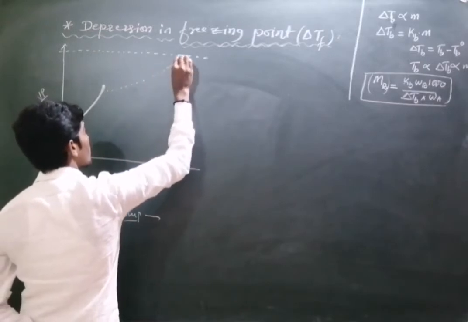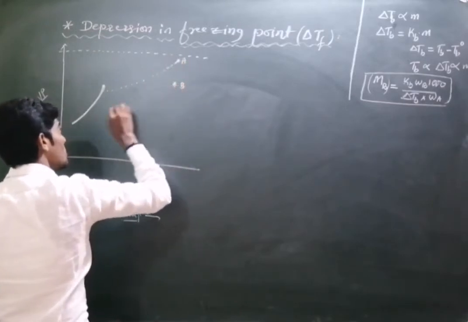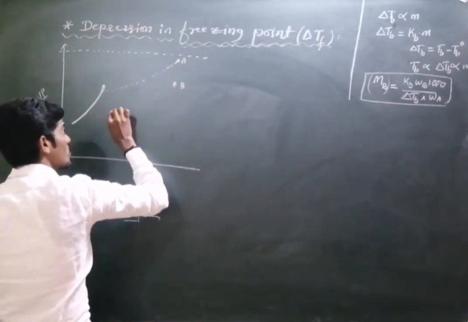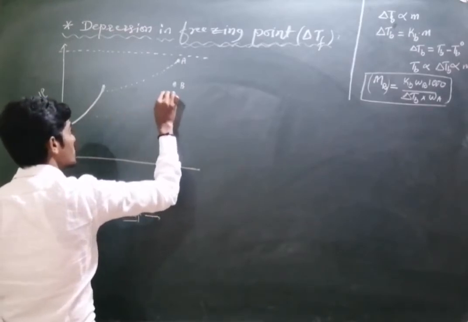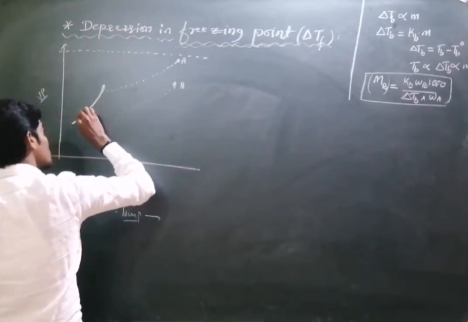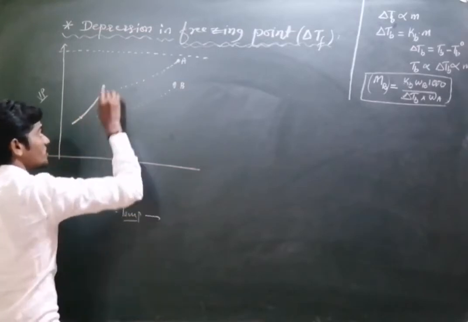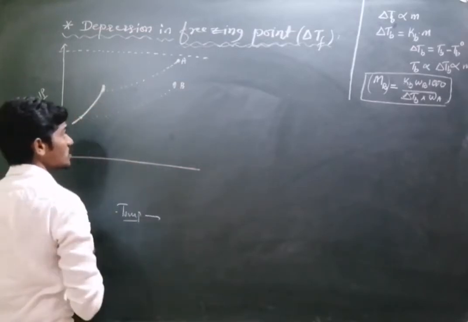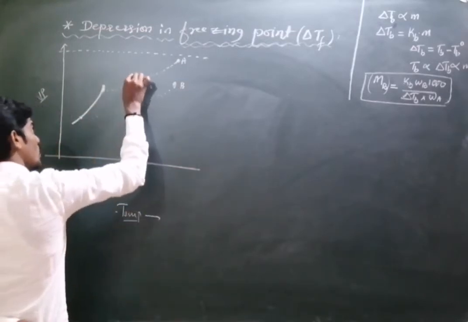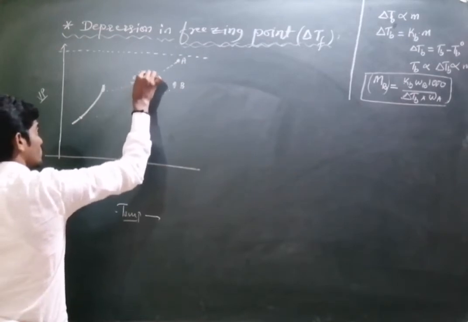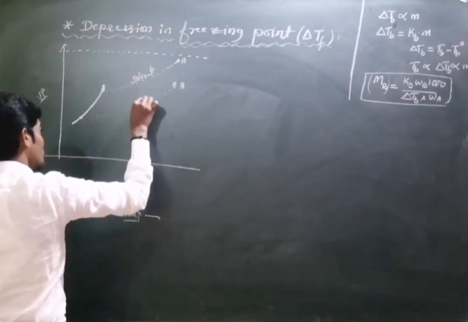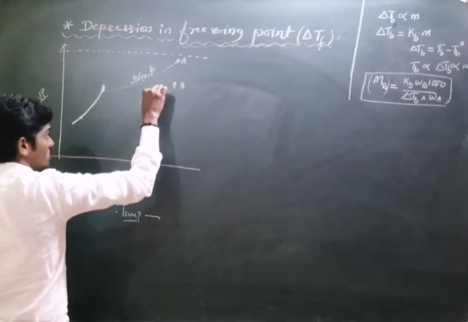This is for the pure solvent. Similarly, for solution also the vapor pressure gradually decreases as the temperature decreases, and somewhere it reaches this point. This is for the solution.